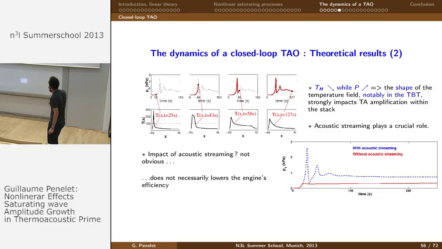And this may provide additional amplification because we see that the wave is still increasing here. So finally, the effect of acoustic streaming is not only a reduction of the temperature gradient, it's less trivial. And we can also say from our simulation that under some circumstances, the model says that if we account for acoustic streaming, we will reach a steady state amplitude which is higher than without acoustic streaming.